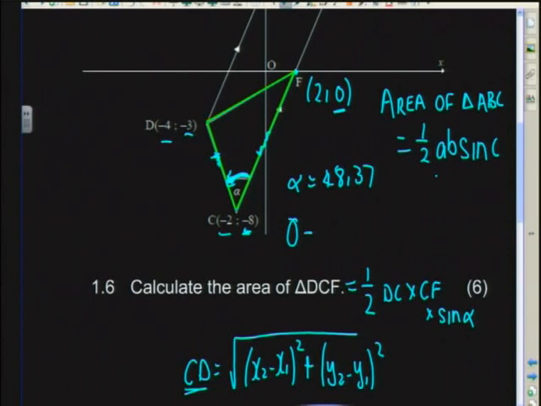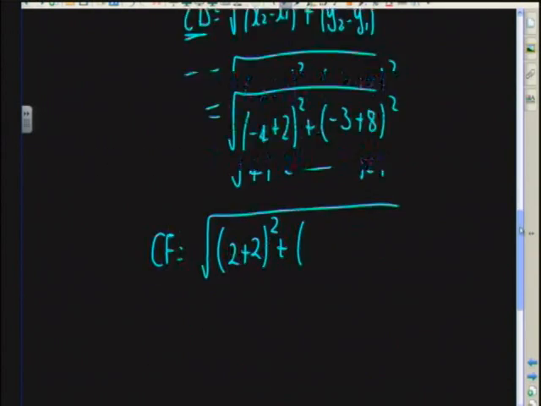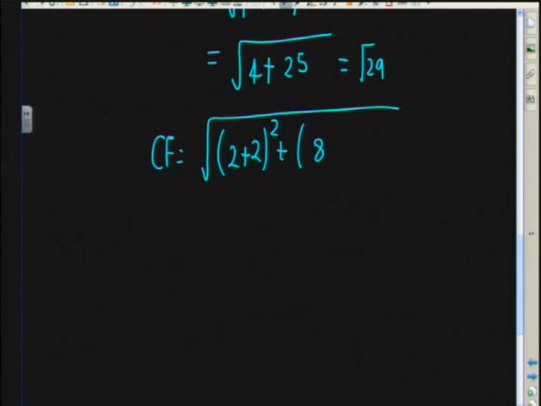So we're saying 0 minus minus 8. A negative times a negative is a positive, so we get just 0 plus 8, which is 8. 2 plus 2, 4 squared is going to give me 16, plus 8 squared is 64.